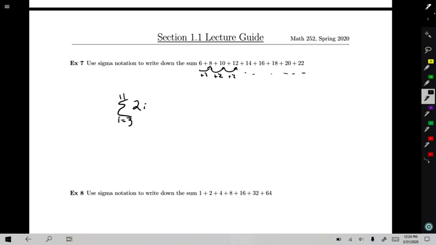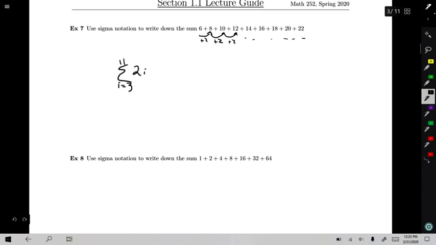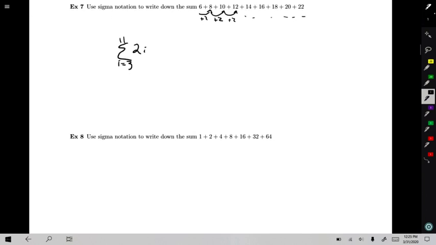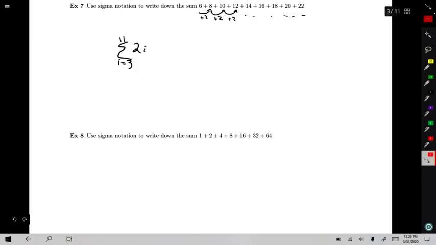All right, example 8, use sigma notation to write down the sum 1 plus 2 plus 4 plus 8 plus 16 plus 32 plus 64. We are adding up a bunch of even numbers here, but we're certainly skipping a bunch of them.